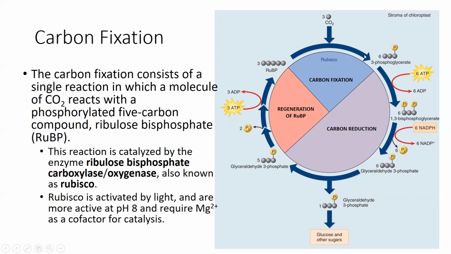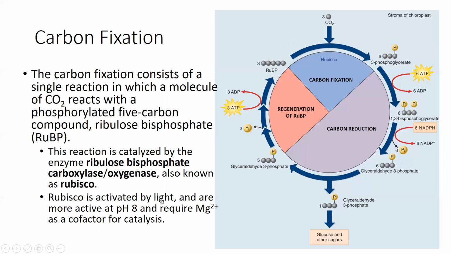This reaction is catalyzed by Rubisco. Rubisco is the short form for the enzyme ribulose bisphosphate carboxylase oxygenase. This enzyme is a bit different. Since it is a carboxylase, at the same time, it is also an oxygenase. That means Rubisco can be used to fix carbon dioxide or can be used to combine with oxygen.